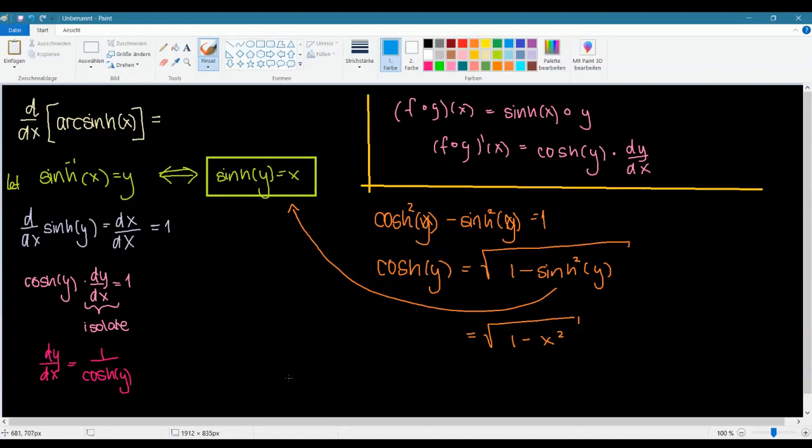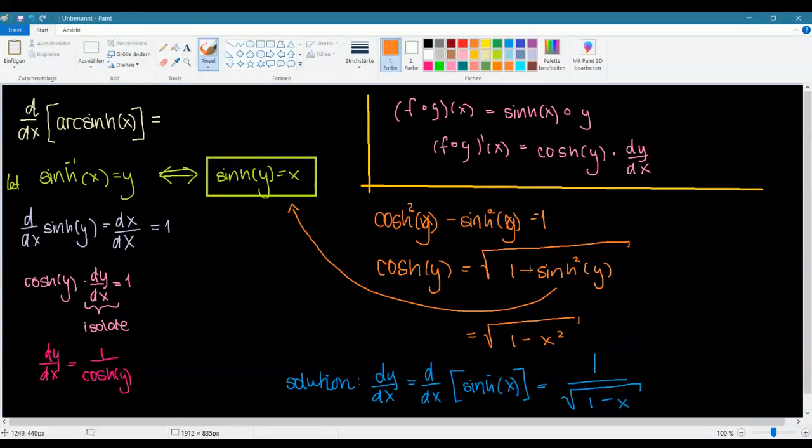We end up with the change in y over the change in x, which equals the derivative of the inverse hyperbolic sine x, is going to be 1 over the square root of 1 minus, oh, sorry, it's not minus, it's plus.